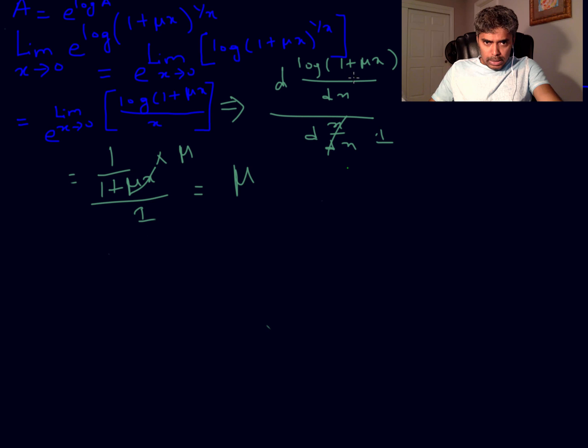And when I do this, it becomes 1 by 1 plus mu x times mu. Here x tends to 0, which means this term goes away. Then this whole term becomes mu.